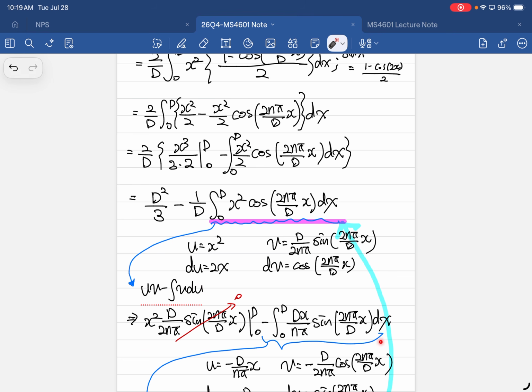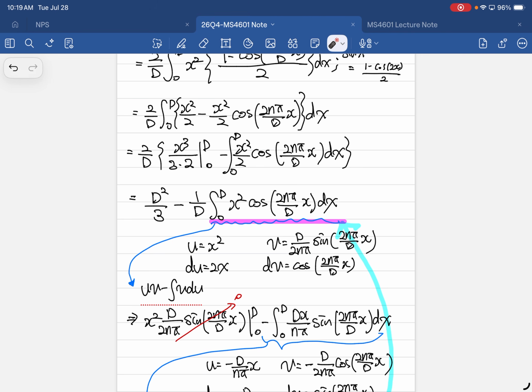Once you get this, we have to evaluate this term at d and 0. If d goes inside, sine 2nπ is obviously 0, and when 0 goes in, obviously 0, so this term goes away, and now we have this term.